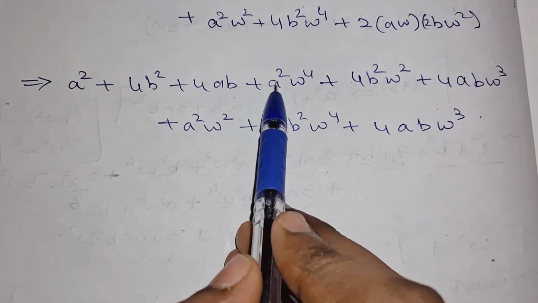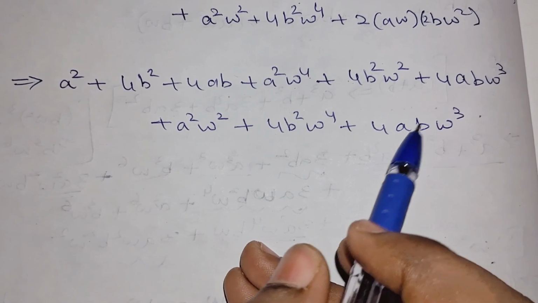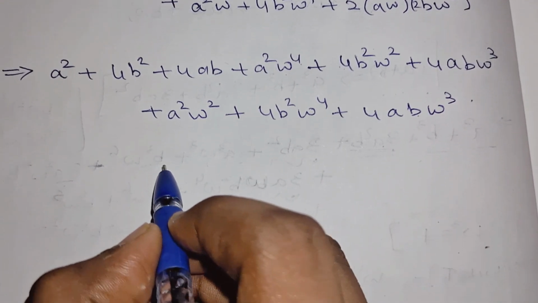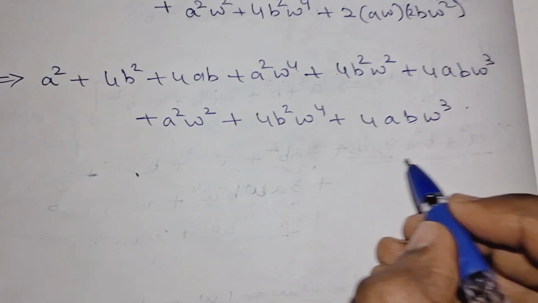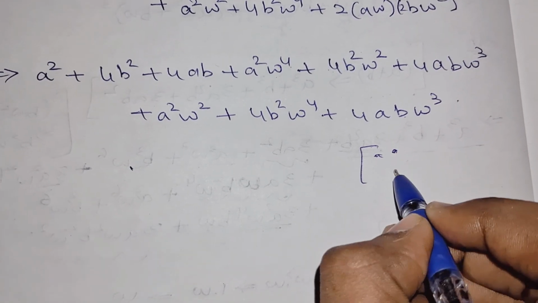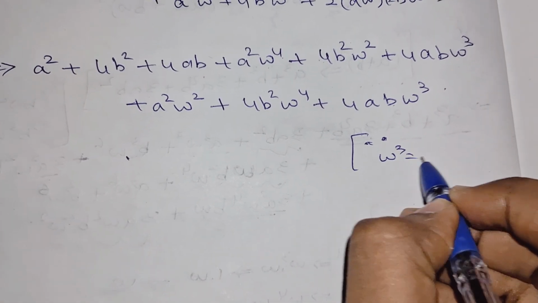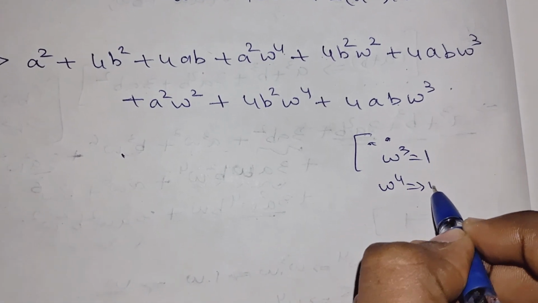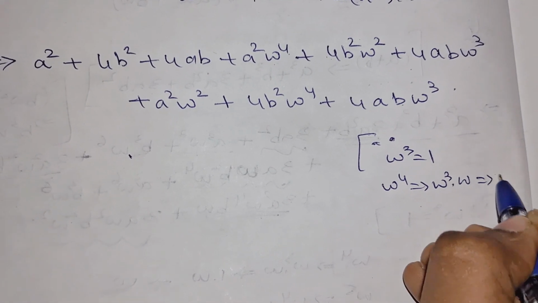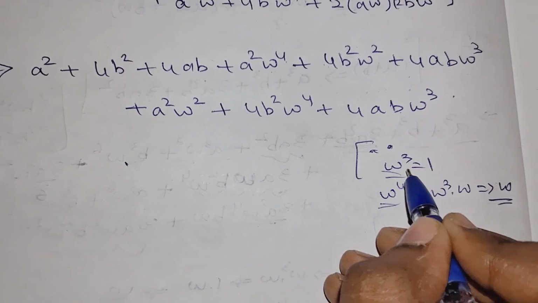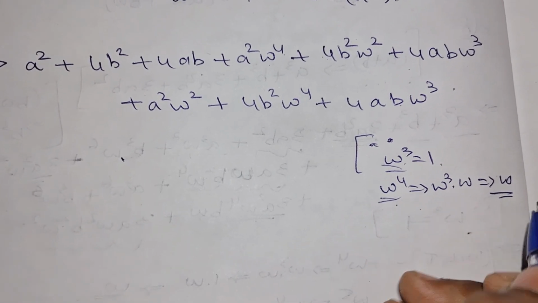Right, now here omega to the power 4 and omega cube can be substituted. Since omega cube is equal to 1, omega to the power 4 is omega cube into omega, which is equal to omega. So we'll substitute omega cube as 1 and omega to the power 4 as omega.